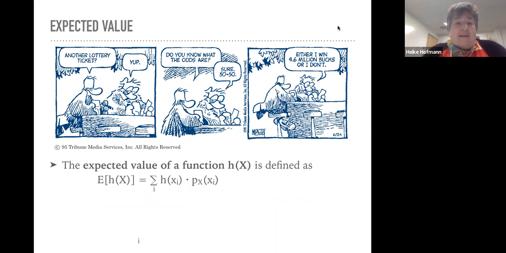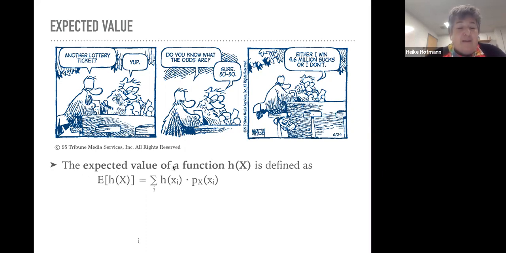Okay, so expected values. What do we mean by an expected value? Based on the probability mass function of a random variable, what is the expected outcome? We can phrase this question a little bit bigger and answer it all in one go.